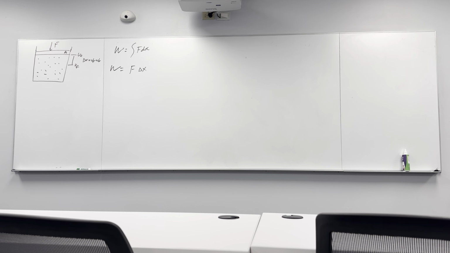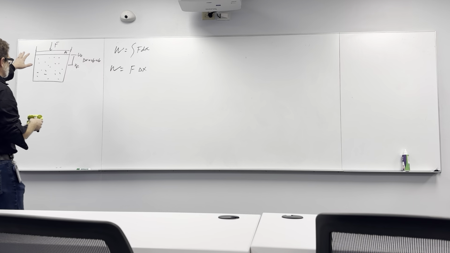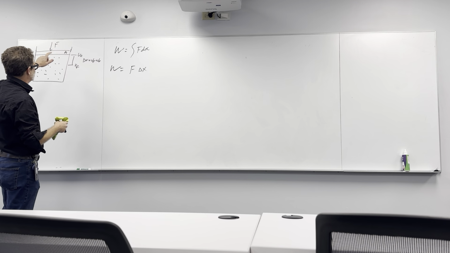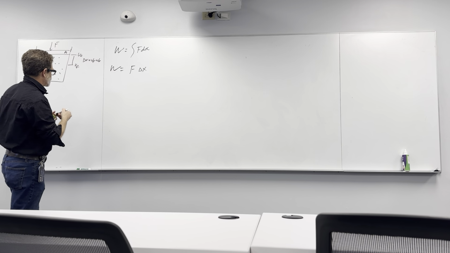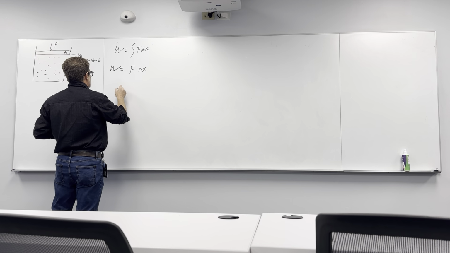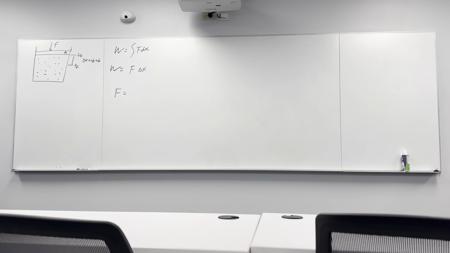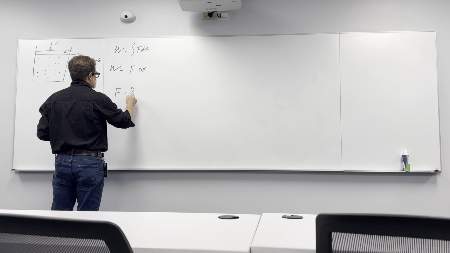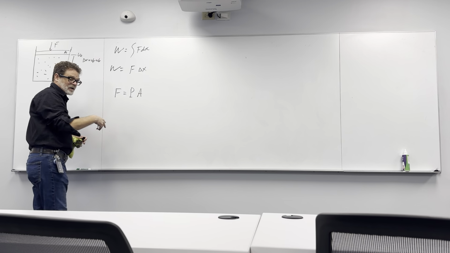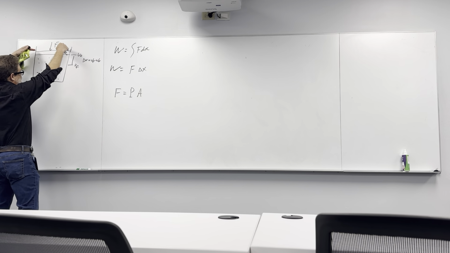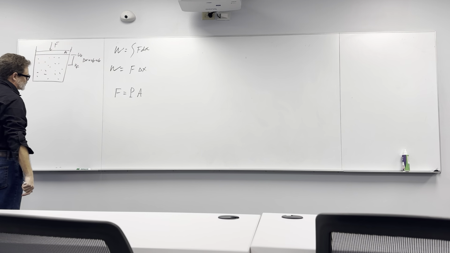Now we're going to use that idea on this particular scenario. I'm going to apply a force on the gas. But we usually don't write force when we do gases, we use pressure. So I write not F but P times A. This is the force I apply: the pressure over the area of the object.